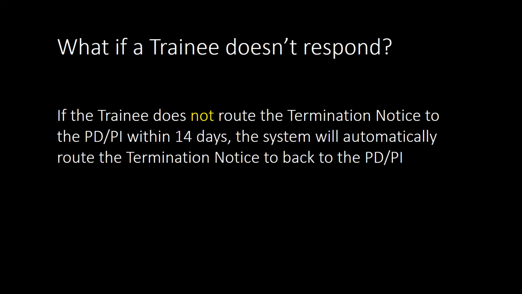If the trainee does not respond within 14 days, the system will automatically route the termination back to the PI, and then the PI or the delegate needs to restart the process, basically. So it's one of those things you just kind of have to have on your calendar or your tickler file. Okay, I need to follow up with this. I need to make sure the trainee gets their portion done.